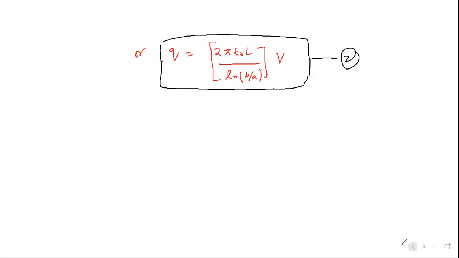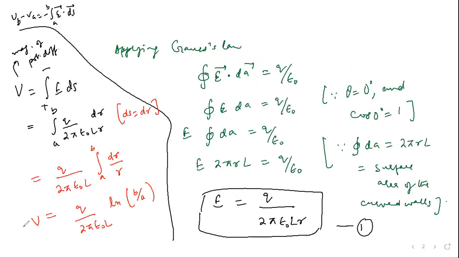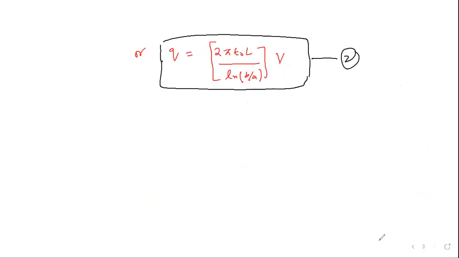So I have rearranged this equation simply. I have taken 2 pi epsilon naught to this side, and ln b by a downstairs on the left-hand side. So I got Q is 2 pi epsilon naught L over ln b by a times V.